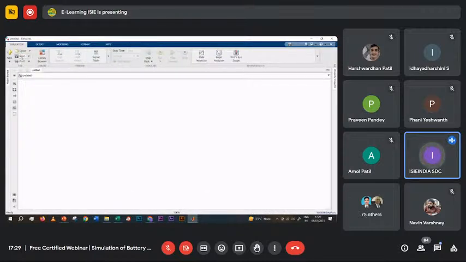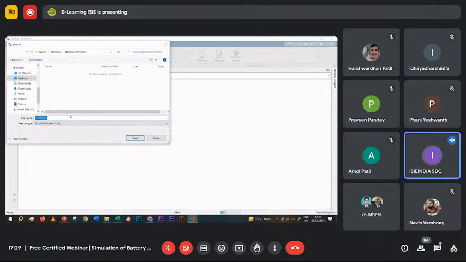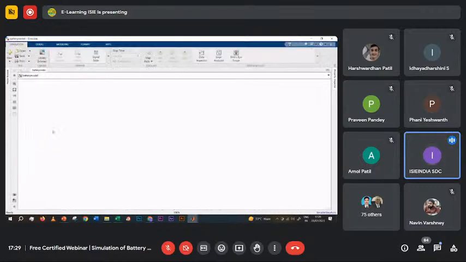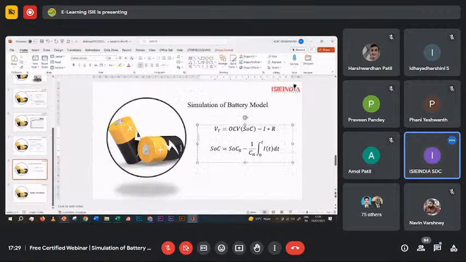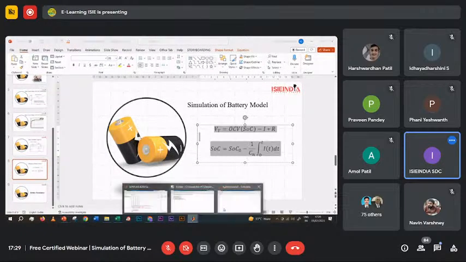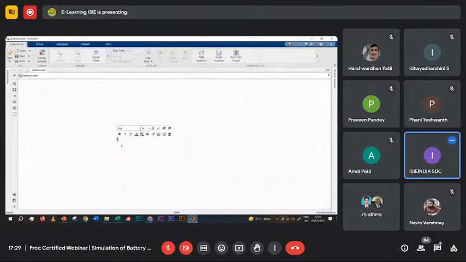First of all, let me save this as battery model. Yeah. So I save this model. So here I bring the equation.